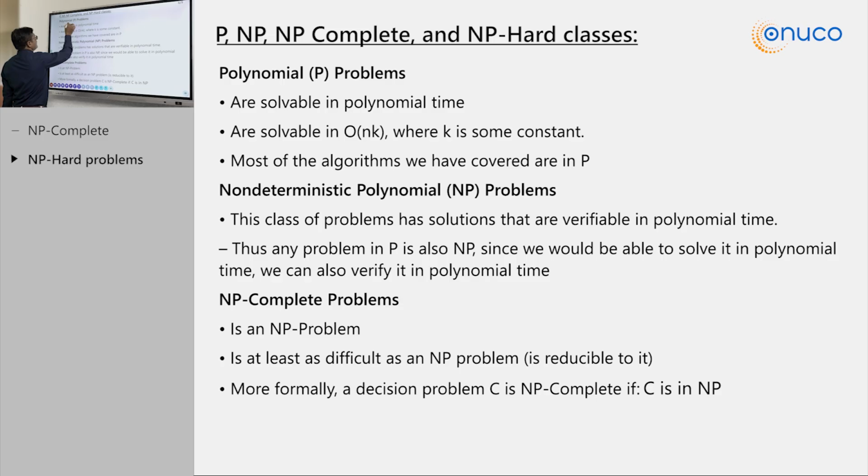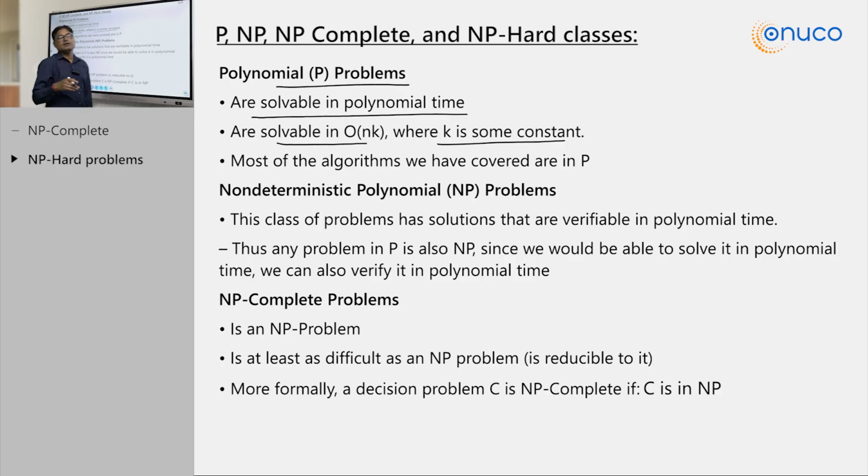Let us see, when you are talking about P problems, they are solvable in polynomial time, in O of n to the k, where k is some constant. If I multiply by a constant, it will be n or 2n or 3n kind of things, but the polynomial time here is n.